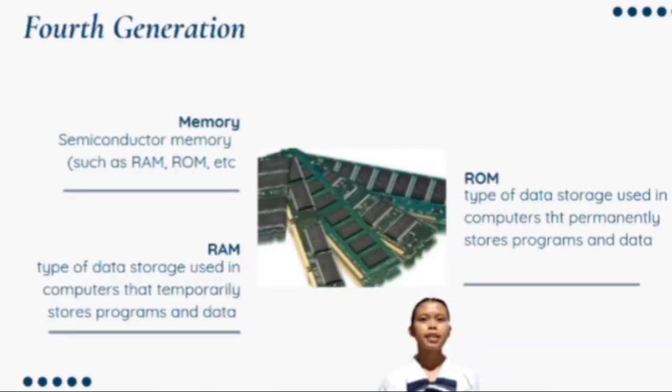Memory: semiconductor memory such as RAM and ROM. RAM, or random access memory, is a type of data storage used in computers that requires sources of programs and data. ROM, or read-only memory, is a type of data storage used in computers that permanently stores data and programs. The difference of the two: RAM temporarily stores both programs and data, while ROM permanently stores data and programs.